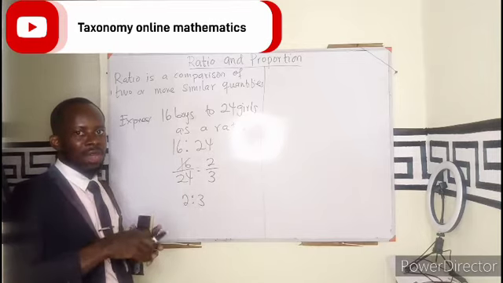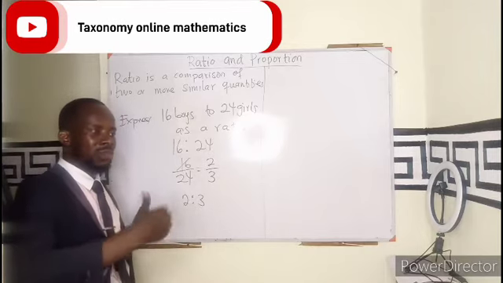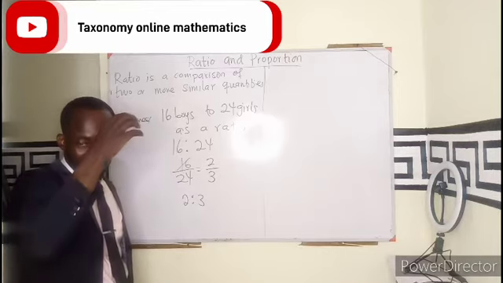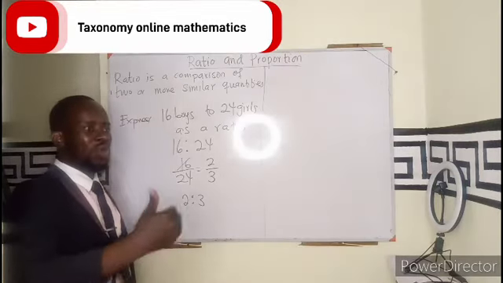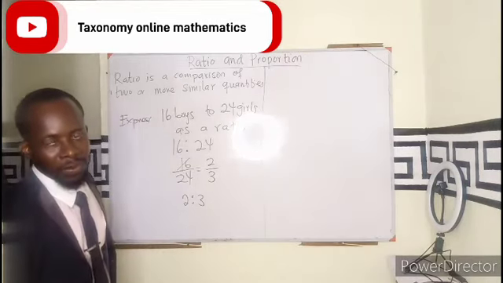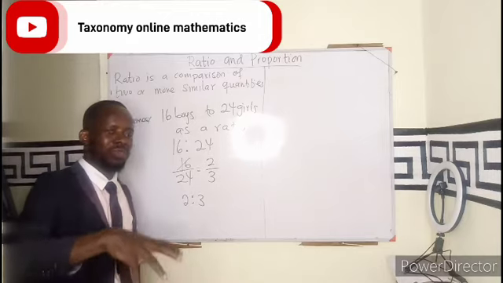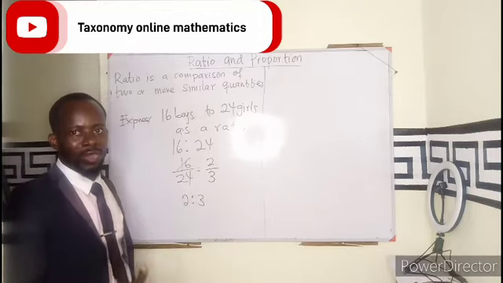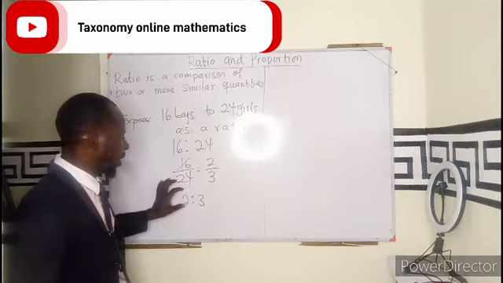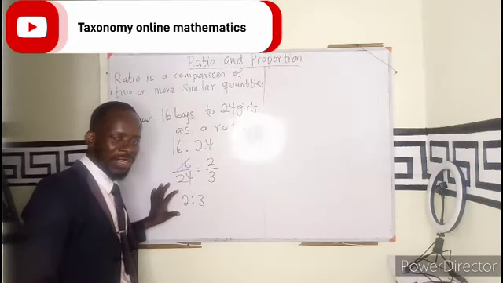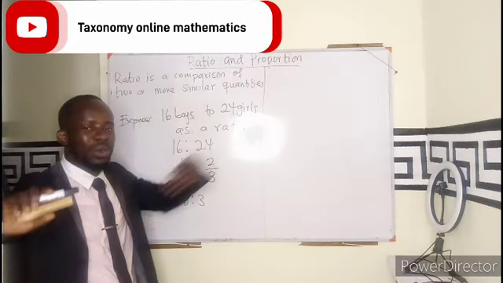It means if you are comparing the ratio, as in what ratio do we have girls and boys? If I want to arrange them into groups, or I want to arrange them into teams, what will I do? It means when I take a group, take 2 boys, there should be 3 girls.